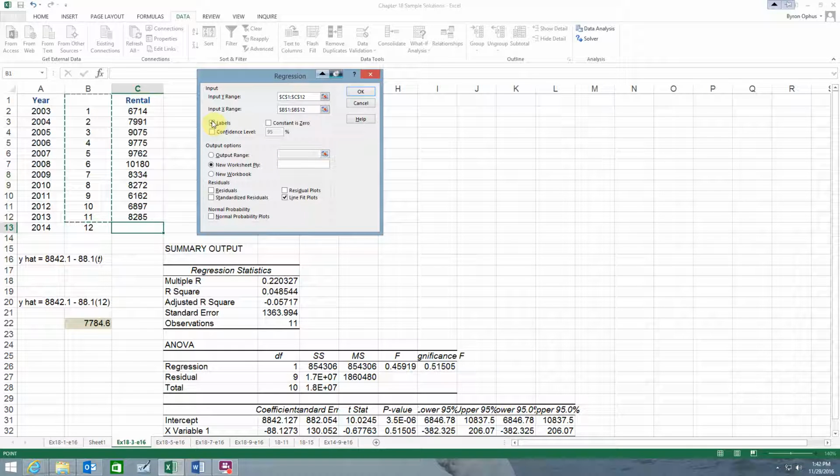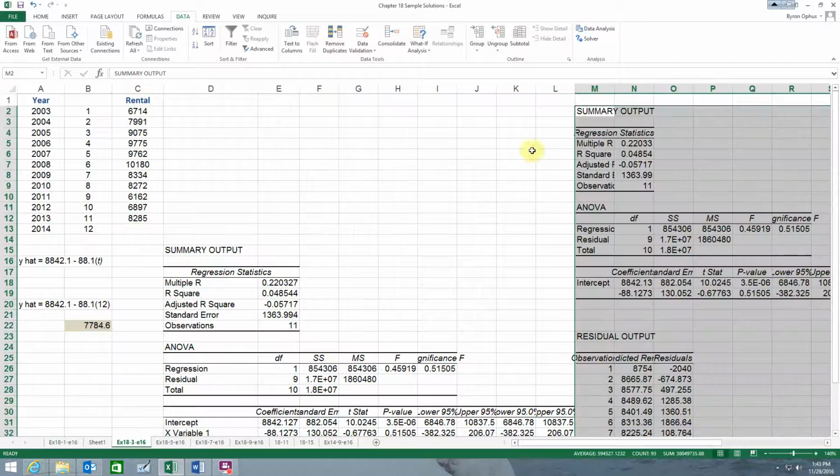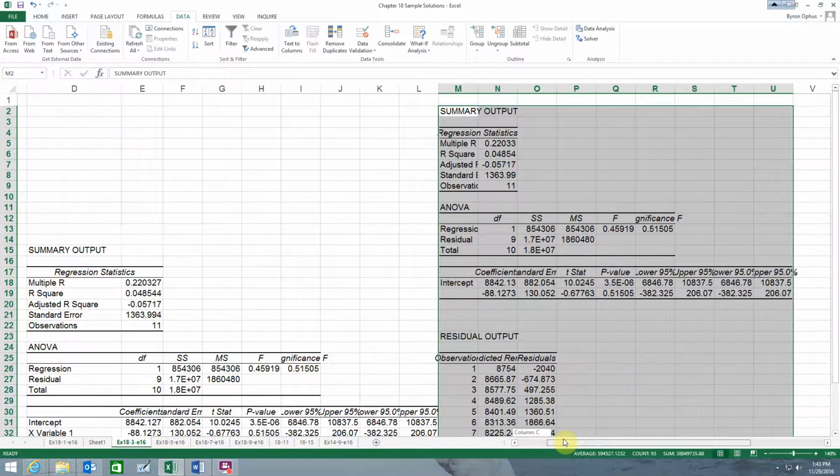Let's use labels. Our output range, let's stick this one just over here someplace. I'm going to add a line fit plot, because that'll tell us a few other things. I'm going to add the residuals too. I just want to show you guys a couple things that we'll be using here in a bit. So we do that, and it does all kinds of work for us. It's kind of cool.